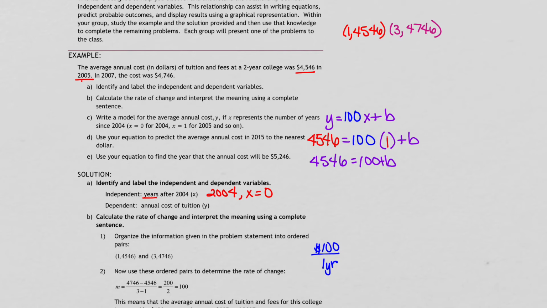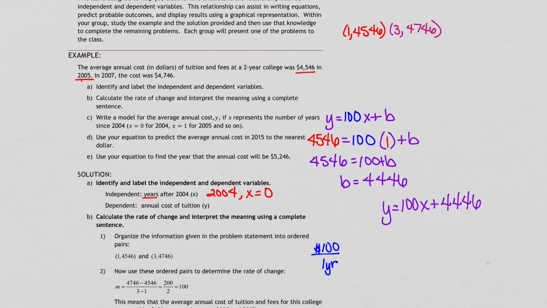Subtract 100 from both sides, and b is 4,446. So the equation of the line would be y equals 100x plus 4,446.